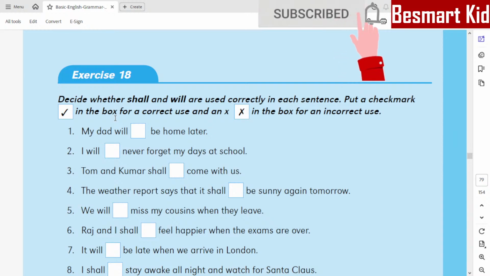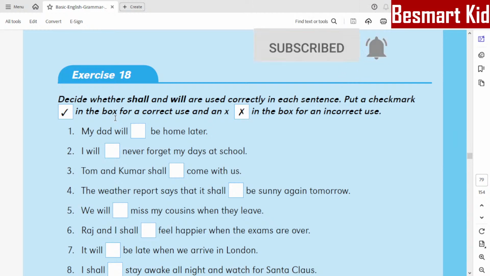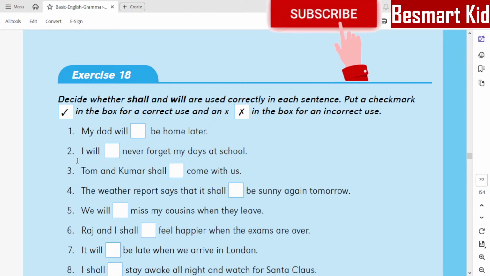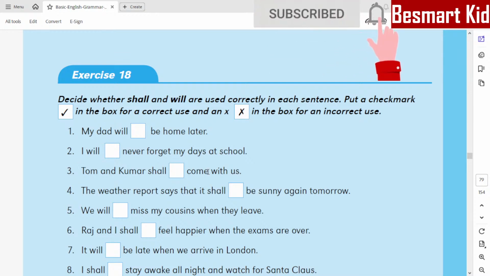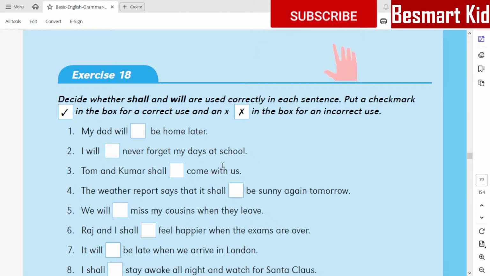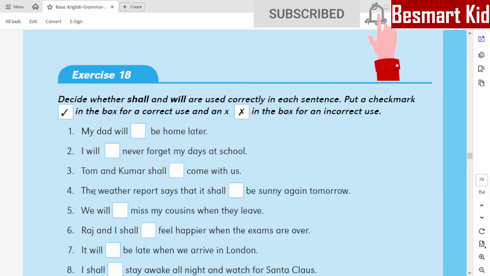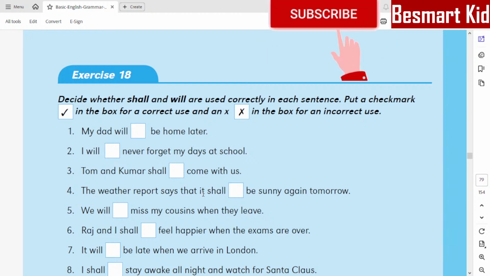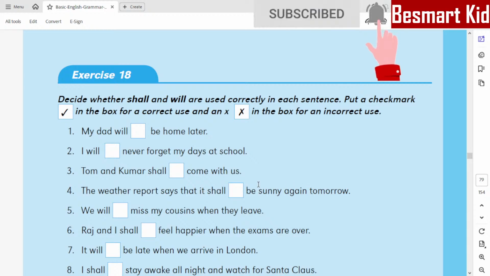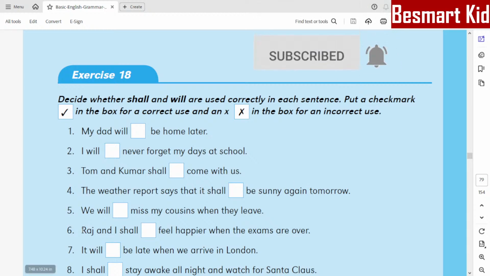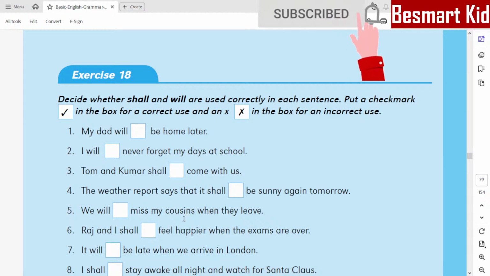My dad will be home later. I will never forget my days at school. Tom and Kumar shall come with us. The weather report says that it shall be sunny again tomorrow. We will miss my cousin when they leave.